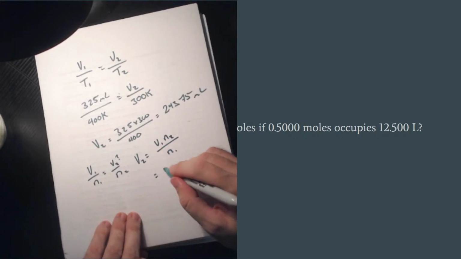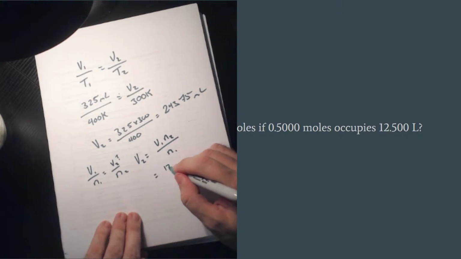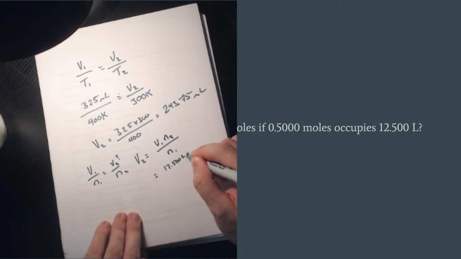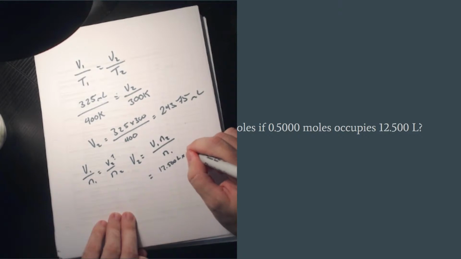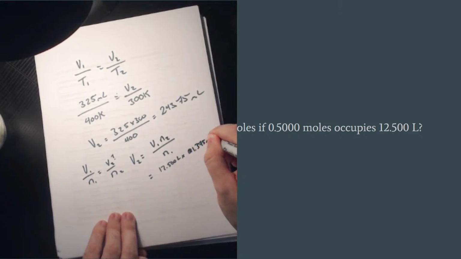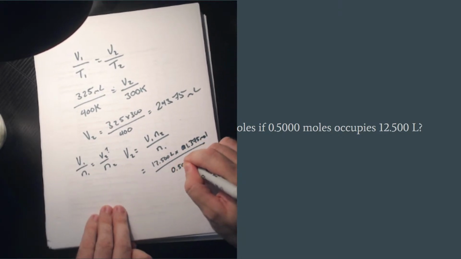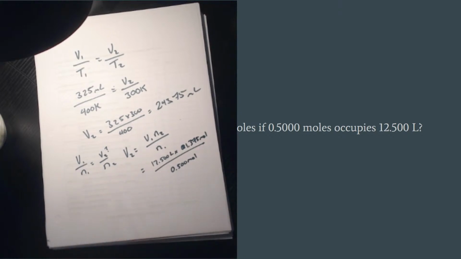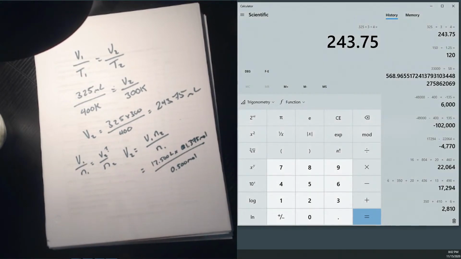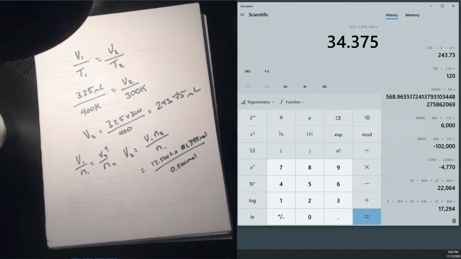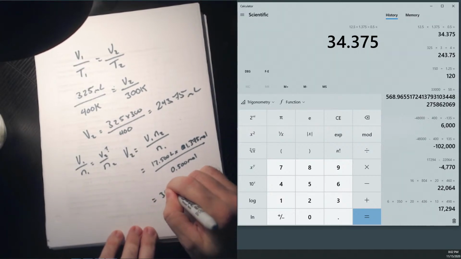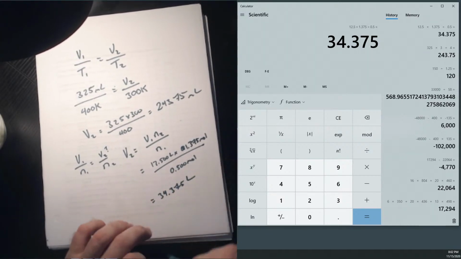So 12.5 liters times 1.375 moles divided by 0.500 moles. 12.5 times 1.375 divided by 0.5 is a total of 34.375 liters.